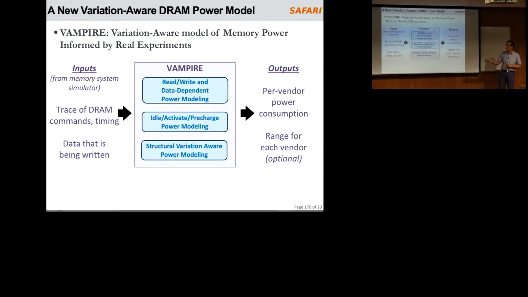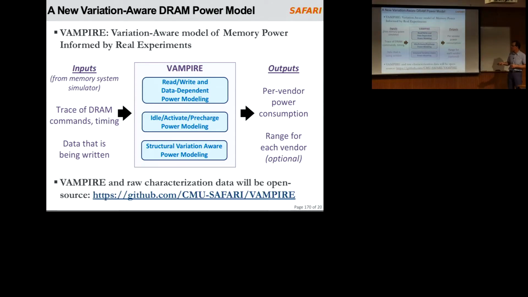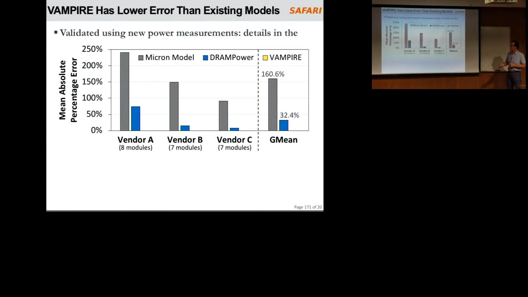So previous power models actually had none of these. This is a more accurate power model according to what we measure. And this is hopefully already open source, but if not, it will be open source very soon. And we validated this compared to other models also; details are in the paper. This is the absolute percentage error.